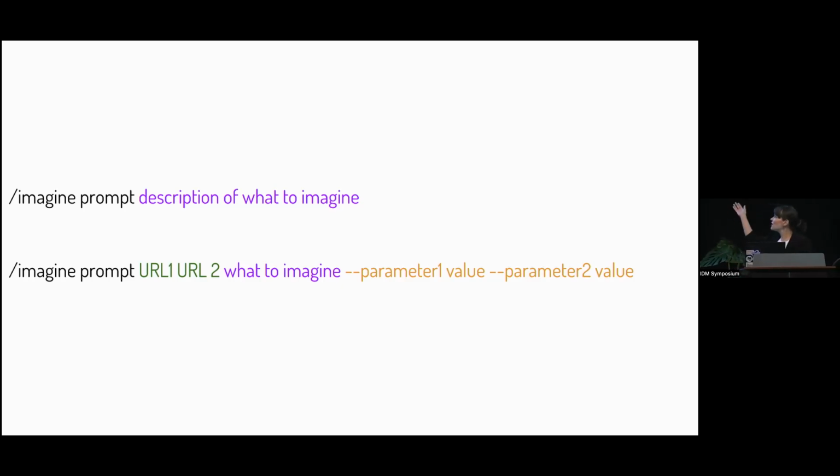And then if you have any parameters that you want to add, like the Niji model or aspect ratio or something, those go at the end. So if you are making a more complex prompt, that's all you have to remember about the syntax: if you're pointing it at an image through a URL, that needs to go at the beginning of your prompt. If you have parameters, they need to go at the end, and then the little meat in the sandwich in between is what you want it to actually imagine.